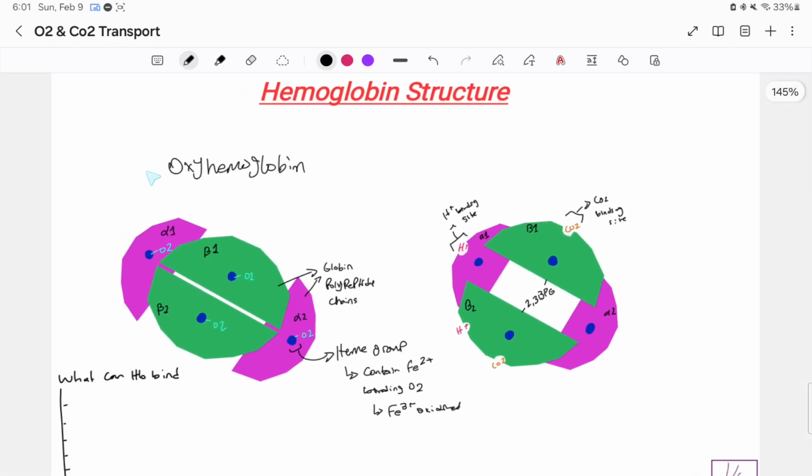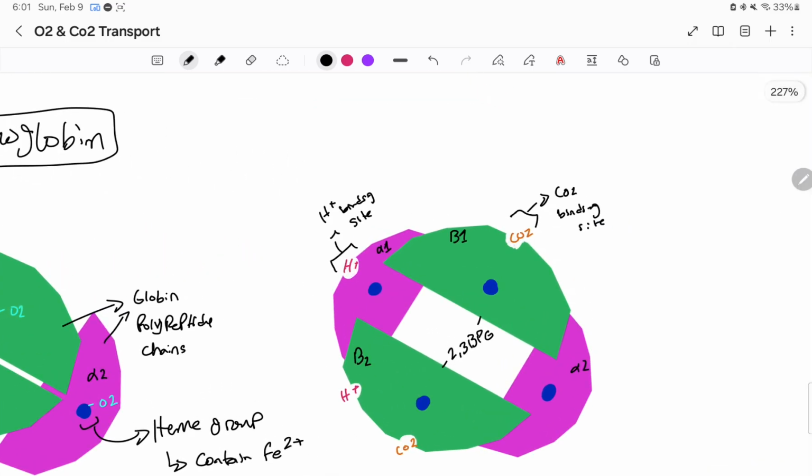Now, you guys know that these globin chains are made out of proteins. But proteins are made up of these smaller building blocks called amino acids. Really, if you want to get down to the molecular level of it, the carbon dioxide is actually attaching to specific amino acid groups.